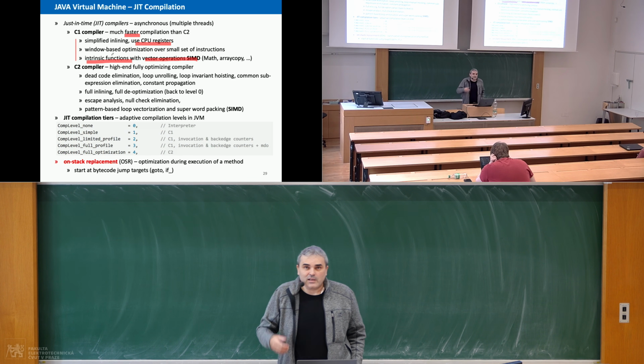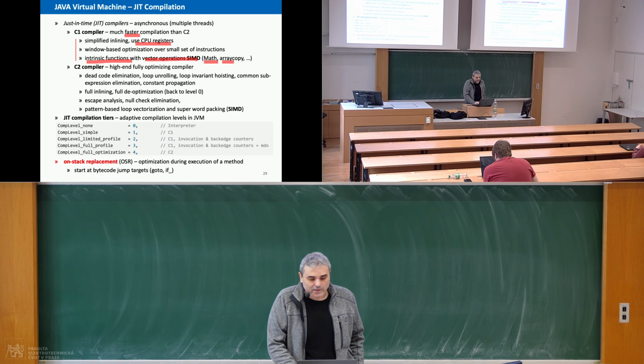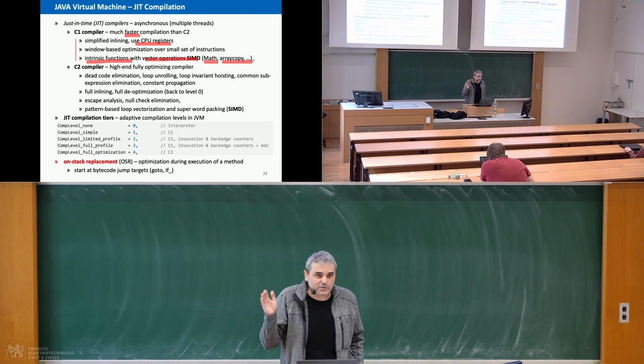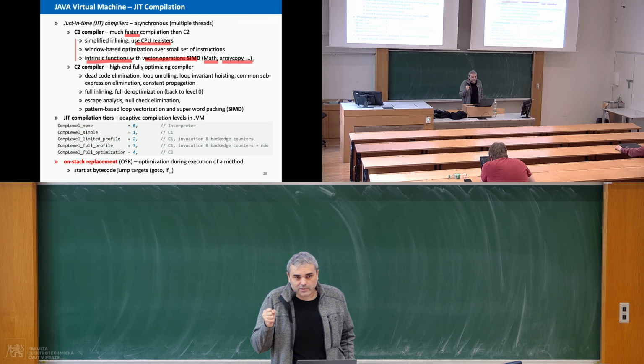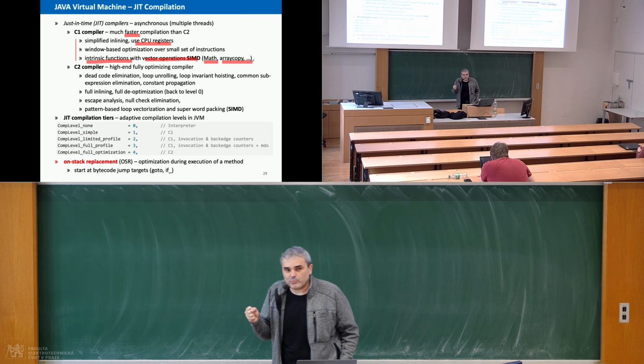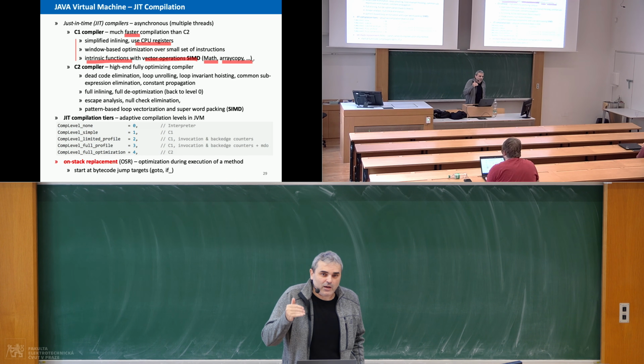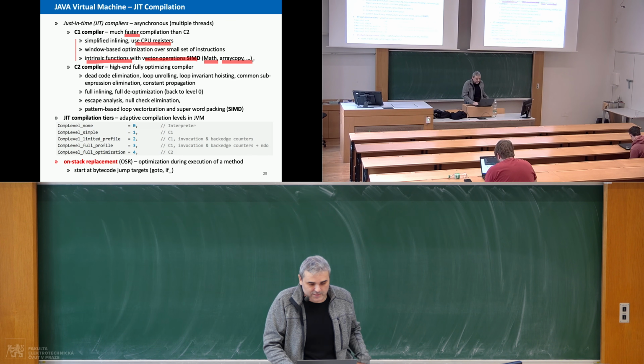Intrinsic functions are predefined, well-known library functions used in much code, like the math library, array copy, string comparisons, everything. So there are predefined patterns written in the just-in-time compiler source. You can study those internals, how it works, how it does the compilation and what the optimization techniques are, in OpenJDK, because it's publicly available as open source, and you can really look at how such a compiler works and what is produced as a result.